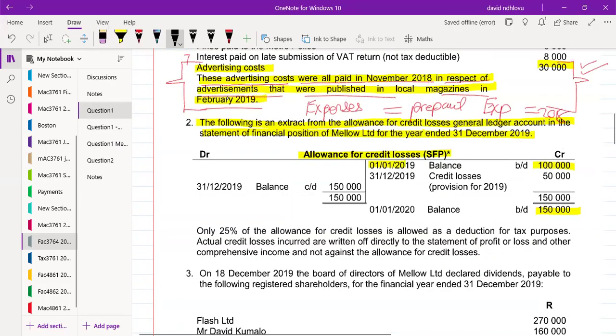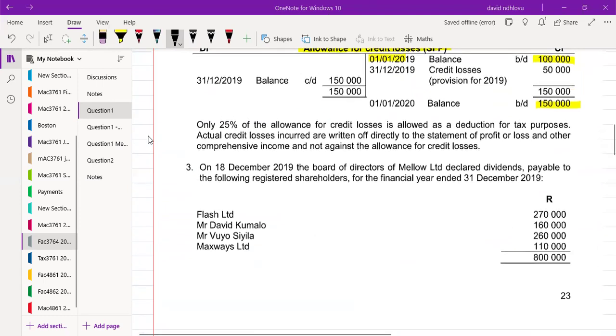Right, then we want to see what SARS is saying. What are their policies with regard to deferred tax? That's what we want to look at. So we want to look at the policies of SARS. The question will always give you the policies of SARS with regard to this liability that we have.